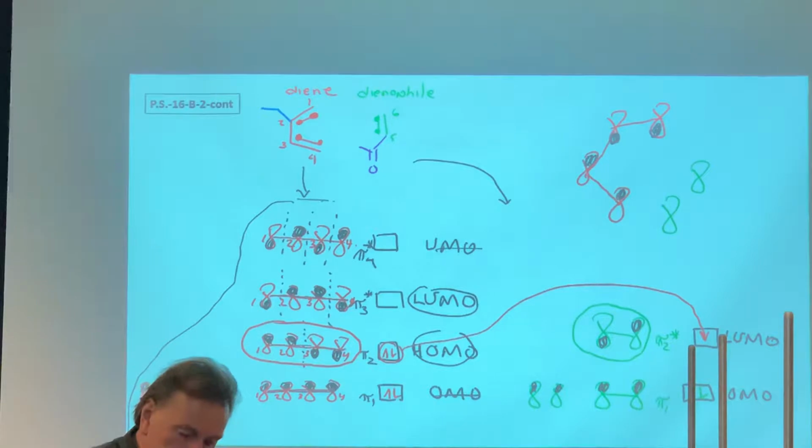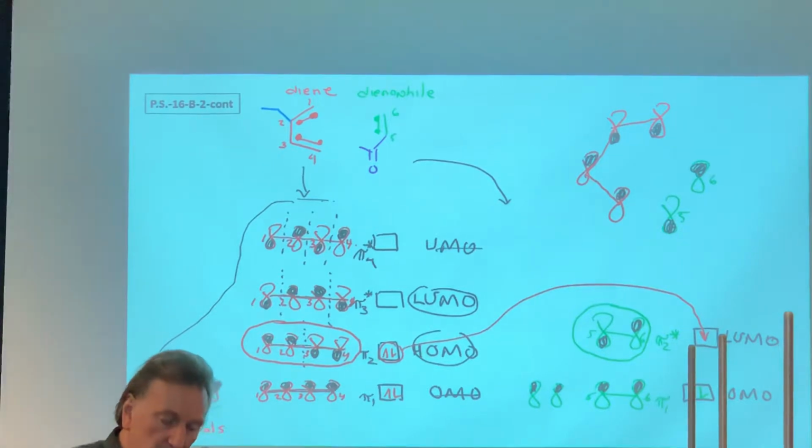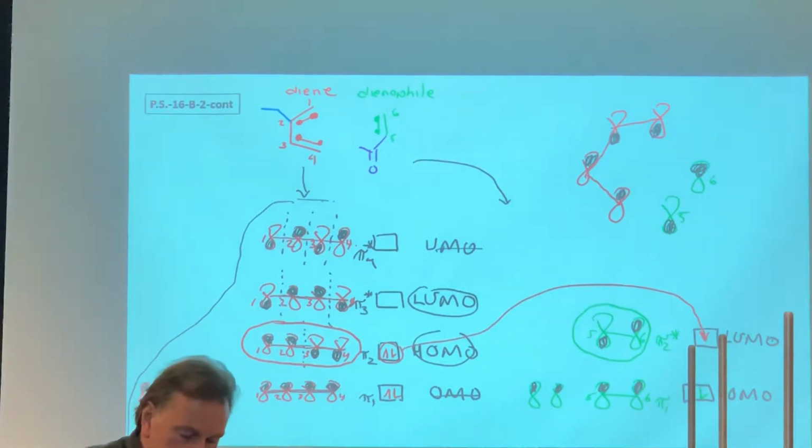So again, this is, let's call this 6 and 5, and let's call this 6 and 5, and then let's call this 6 and 5, right? And so this is that. Okay, and this is this. Okay, all right, and then this is the 1, 2, 3, 4.